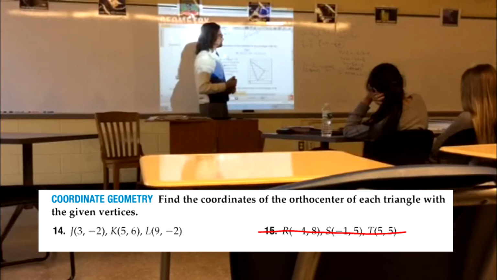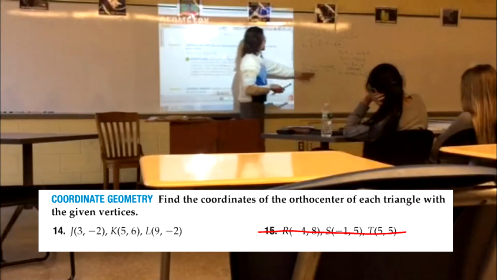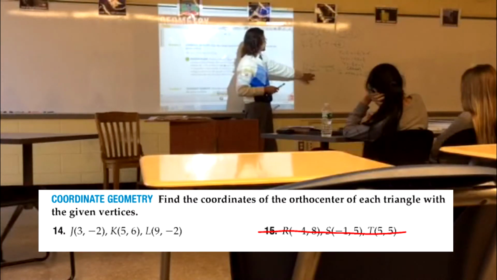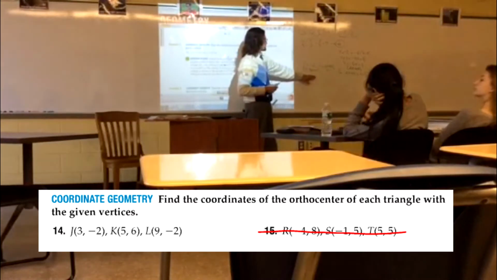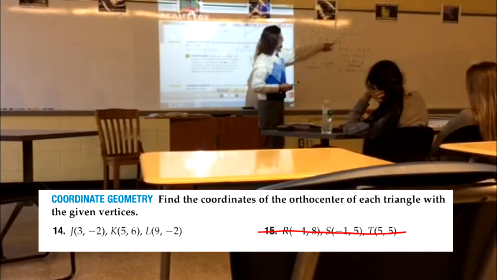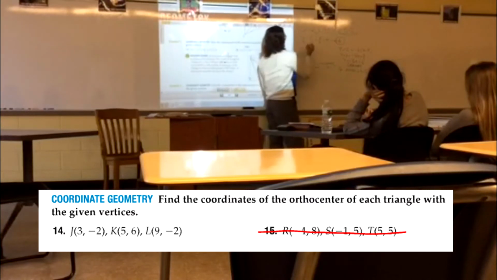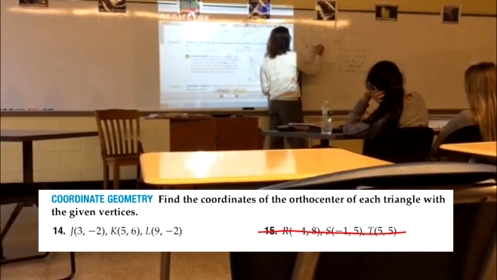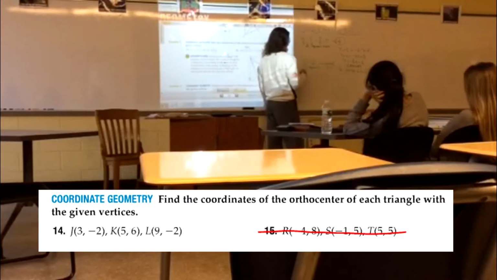Yeah, so you don't count your -2 for the altitude? No, I didn't label my points well enough. This was a segment just like this was the slope of the segment here. This is a triangle segment slope. And this is a triangle segment slope.